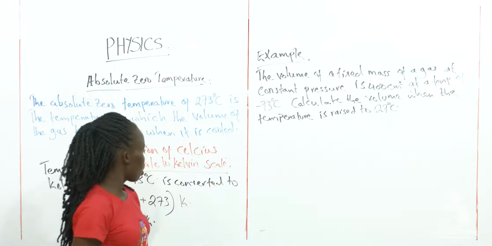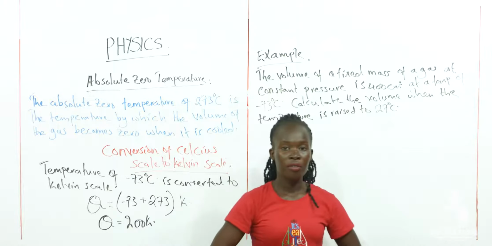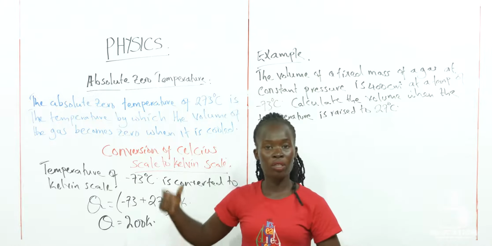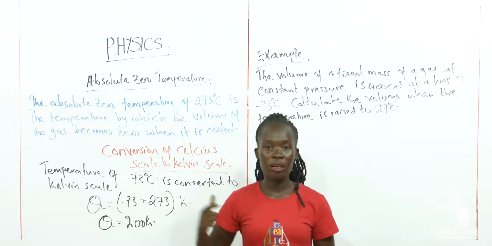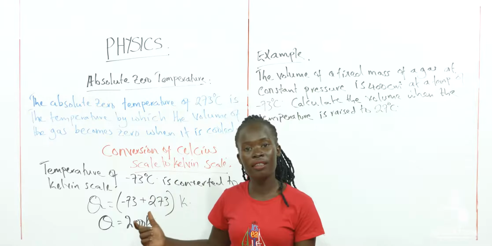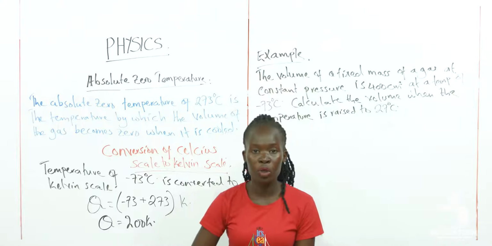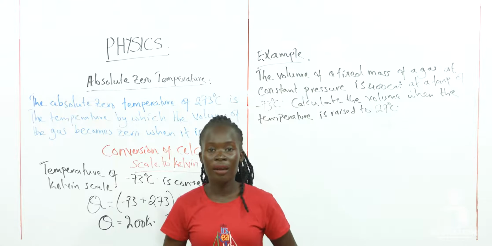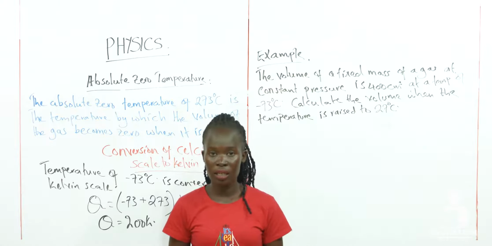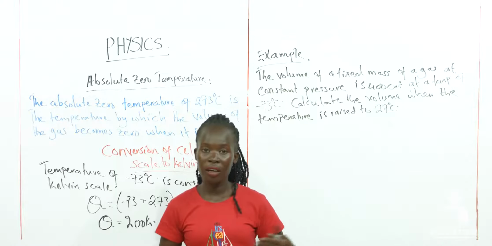Because we see that we obtain our absolute zero temperature from the graph when plotting the volume against the temperature. With Charles' law, we say that the temperature and the volume of the gas are proportional to each other, but keeping the pressure constant. So if we keep the pressure constant, we just vary the temperature and then the volume.